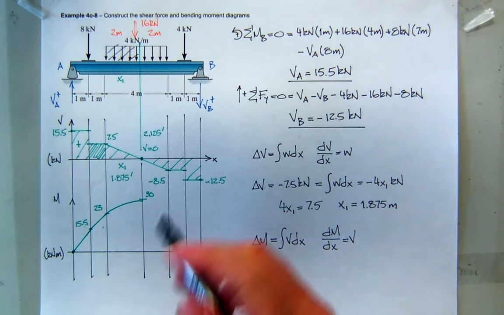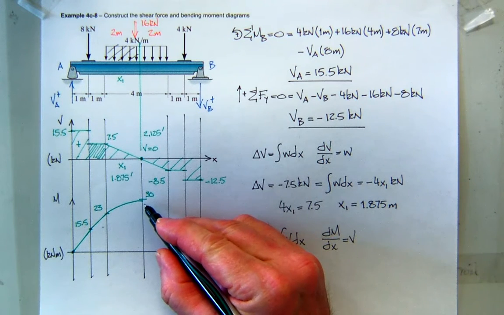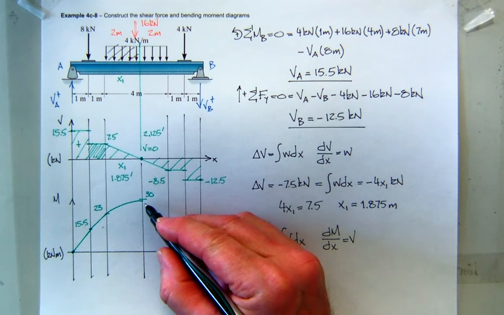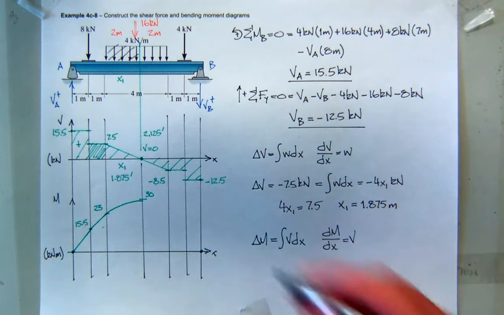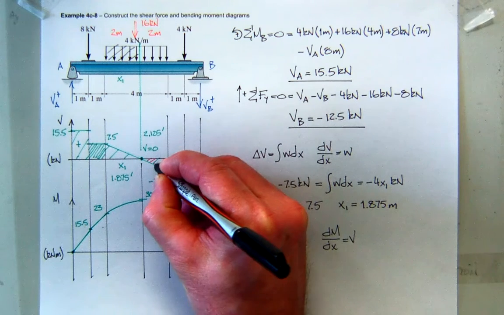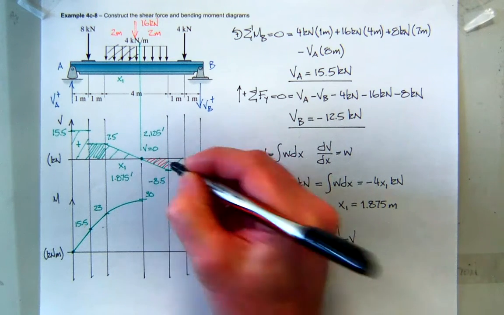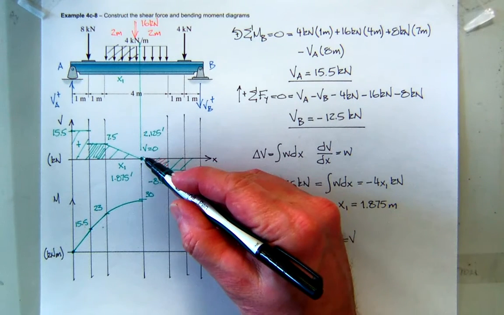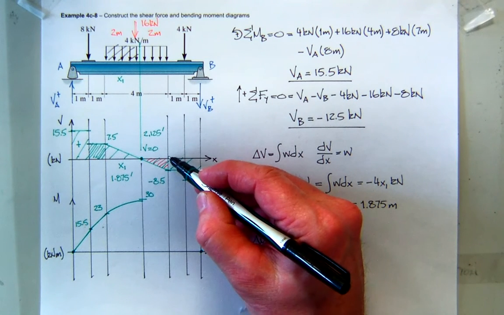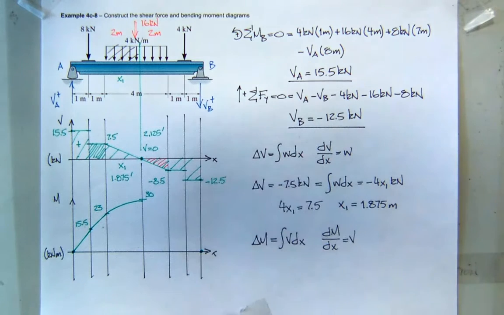All right, let's keep going. What's the change between here and here? It'll be this part of the triangle. What is that part? 1/2 base, 2.125, times height, minus 8.5. What's that? Almost 9.